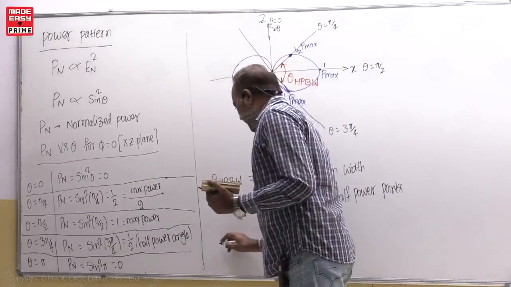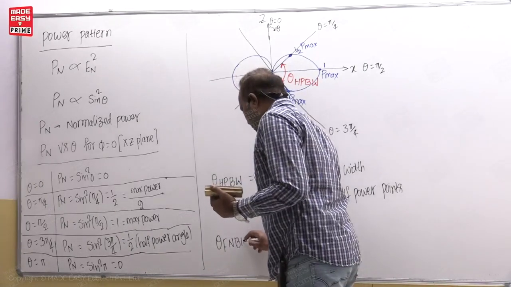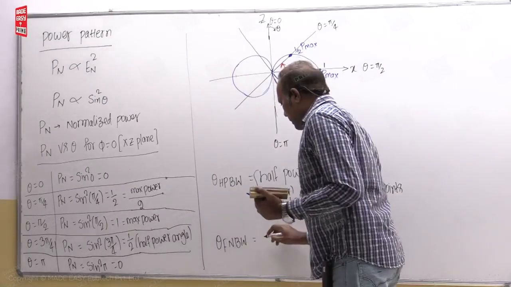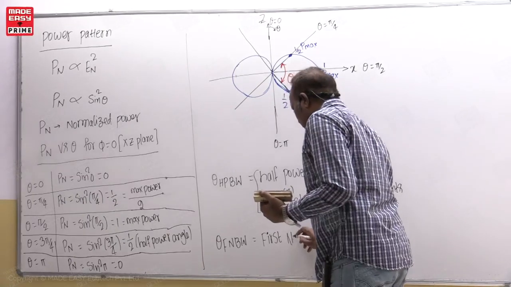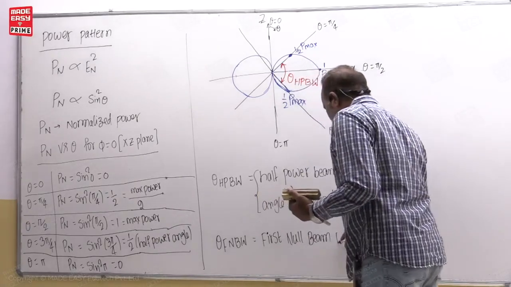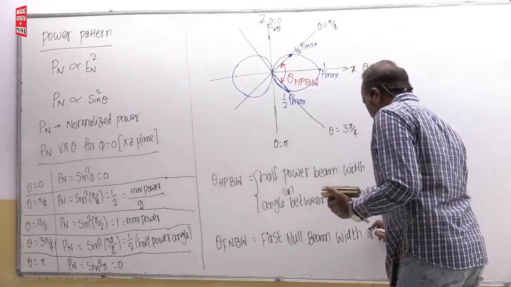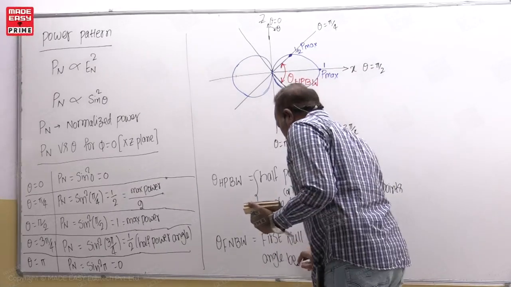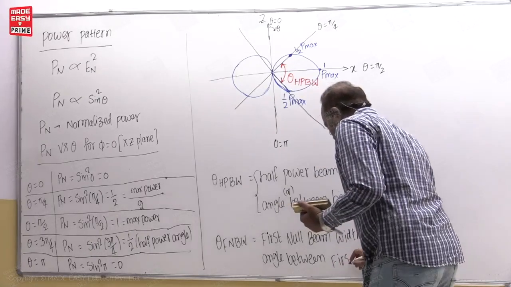Then theta FNBW, first null beam width. This is also called the angle between first nulls.